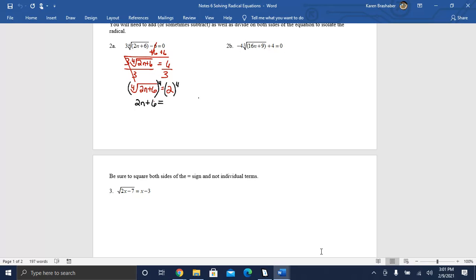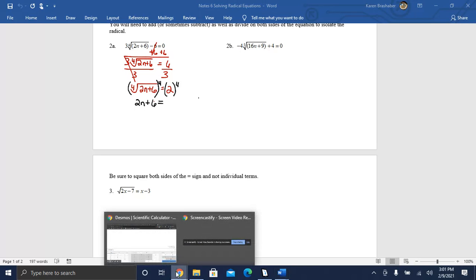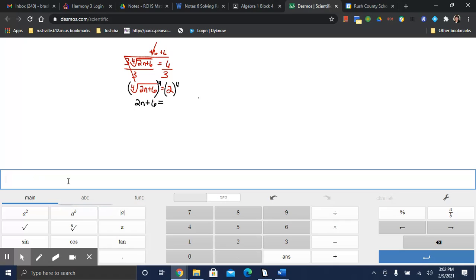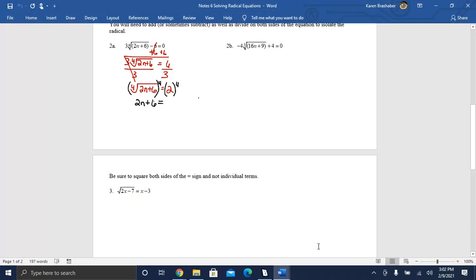You are going to have to know how to do that on a calculator. It's 2 times 2 times 2 times 2, or using your Desmos, you can just do your 2, and you can use the caret, which is shift and 6, and then to the 4th power, and see that that equals 16. So use your calculator as you need it.